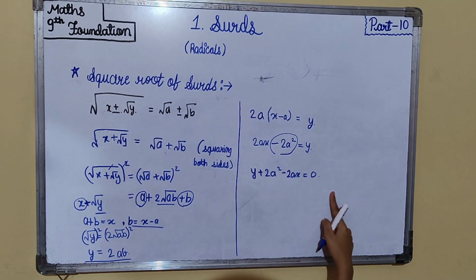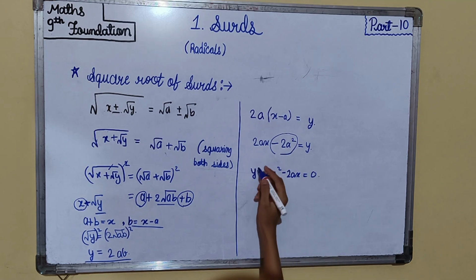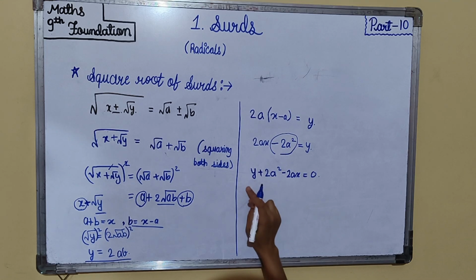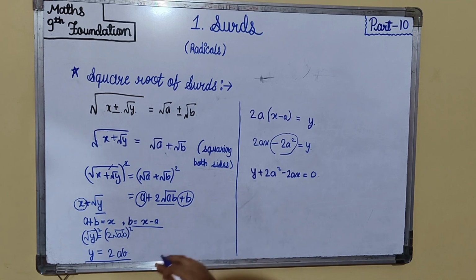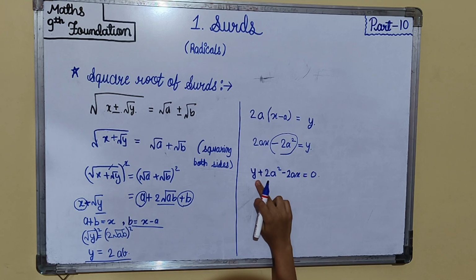This equation in two variables is always equal to 0. Presently we don't know the value of y, so we are taking it as a variable, but in normal examples, the questions will always have y in rational, numerical form.